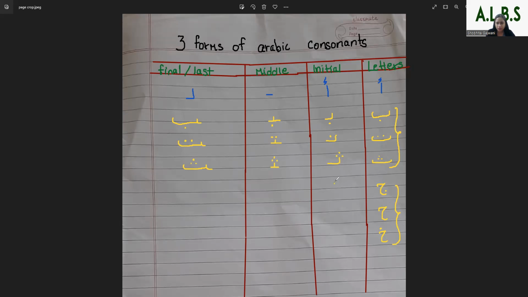Here I'm just drawing their structures. As they form a family, they all have the same structure, but the difference is in placing the dots.